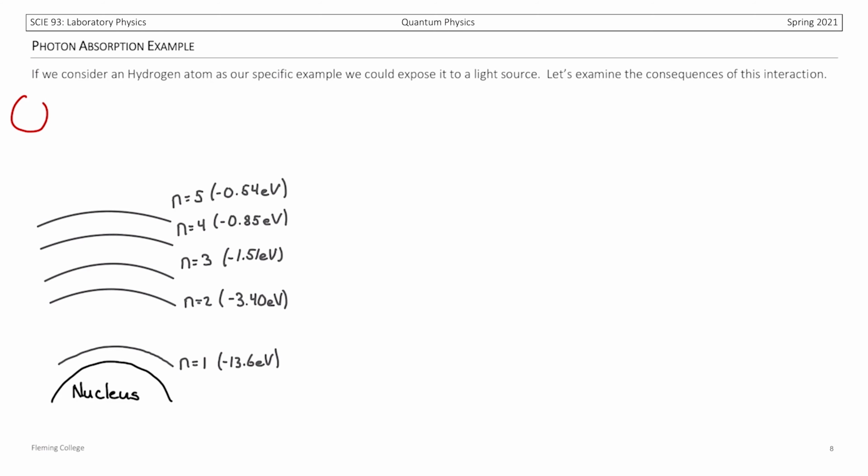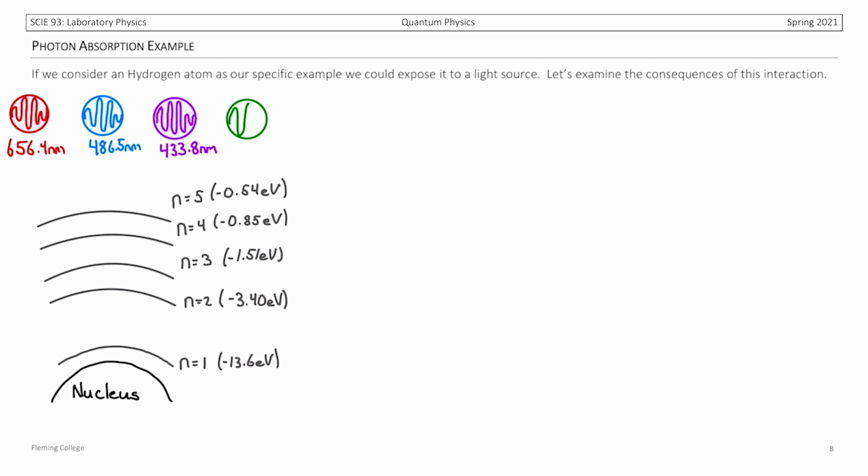So we're going to impart on this atom a photon with a wavelength of 656.4 nanometers, another one with 486.5 nanometers, a third with 433.8 nanometers, and finally one with 532.5 nanometers, all representing the wavelengths, thus the color, of our light. We're going to see if any of these photons would be absorbed by the electrons surrounding our hydrogen nucleus.